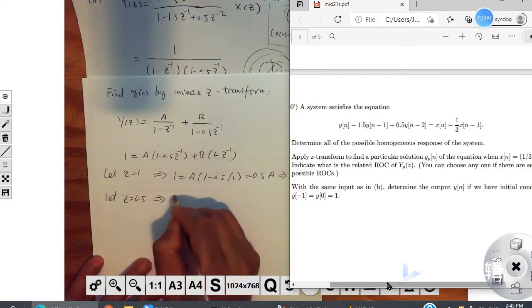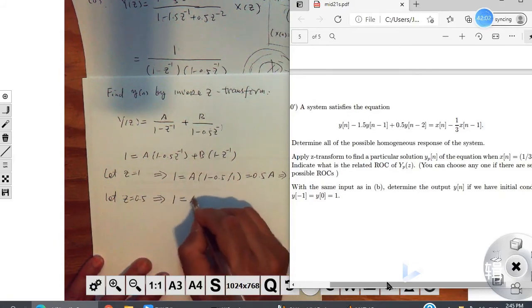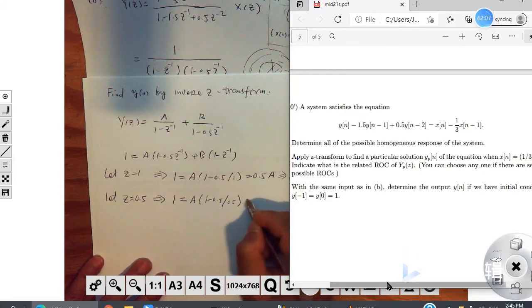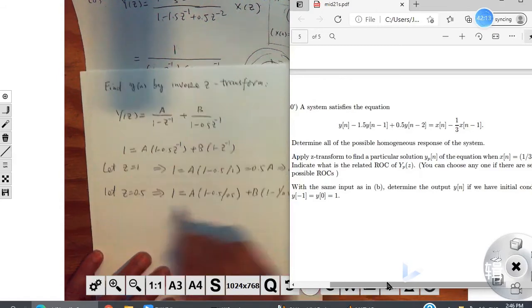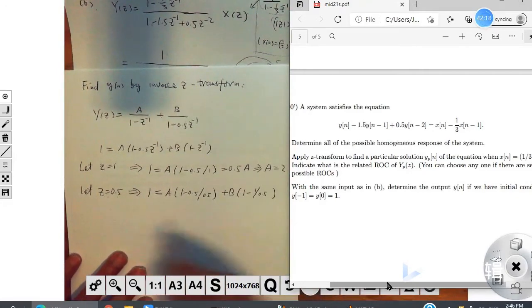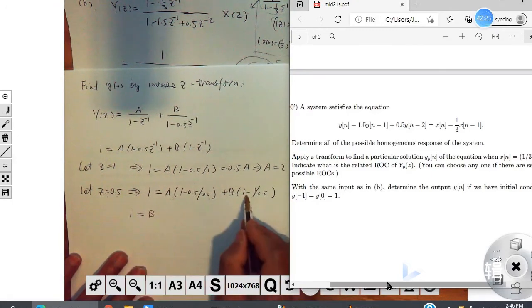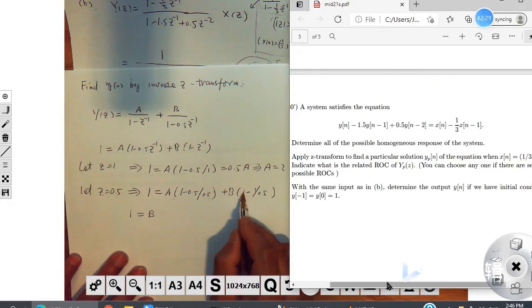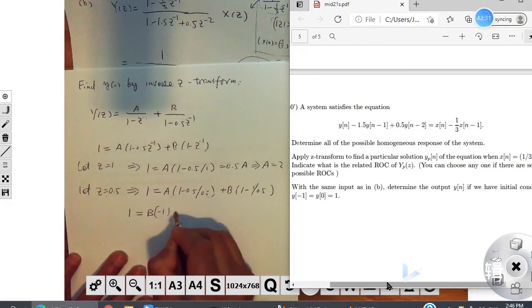Then we have 1 equal to A times 1 minus 0.5 over 0.5 plus B times 1 minus 1 z to negative 1, z is 0.5. Okay, so this is 0, and B times now is 1 minus 2. Right? 1 minus 2, so it's negative 1. So we have B is negative 1.